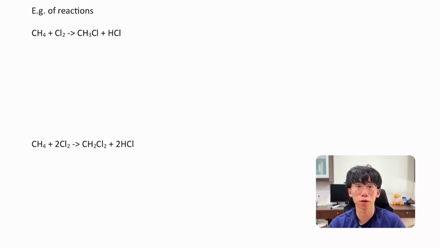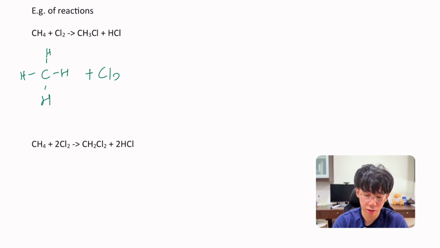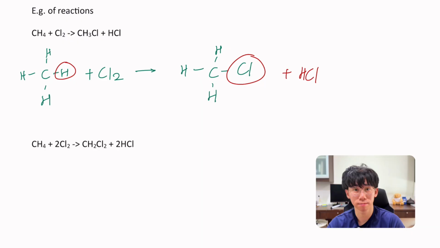So here are some examples of the reactions, and we're going to draw out the bonds to clearly show you the substitution taking place. For CH4 plus Cl2, this substitution reaction occurs. If we draw this out, you can see that one of the hydrogens is going to be replaced by a chlorine, as circled over here. And don't forget, there is a byproduct that will come out of this reaction as well.